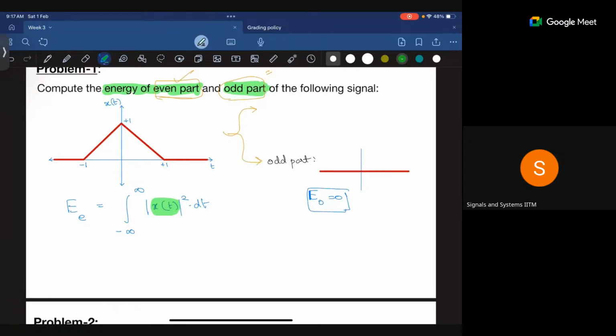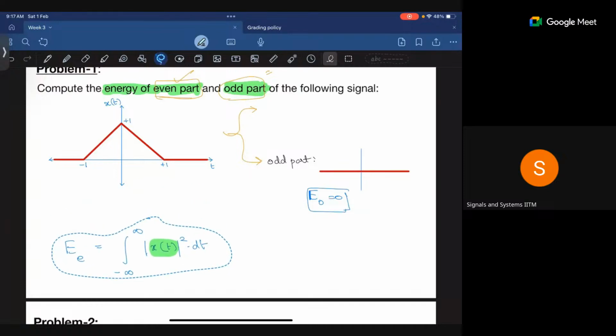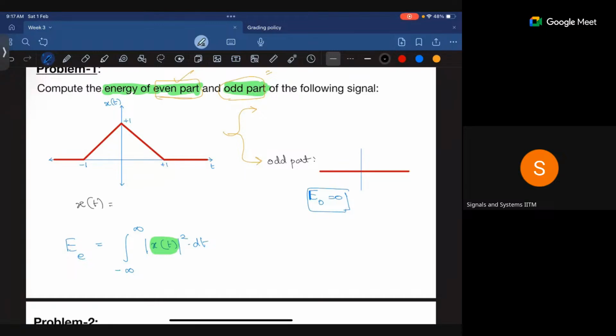So if I write x of t analytically, how does the expression look? What is x of t? It's a triangle. X of t is only non-zero between -1 and +1, and in the other intervals it is simply 0.